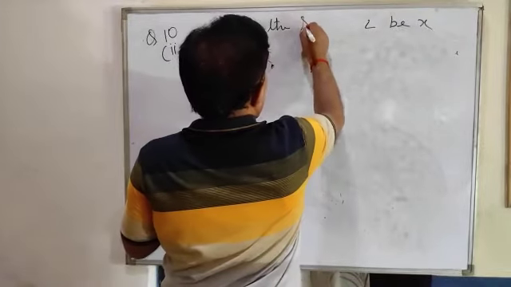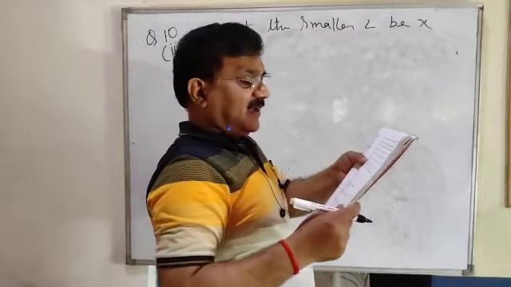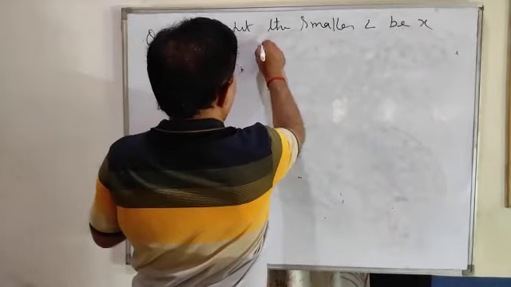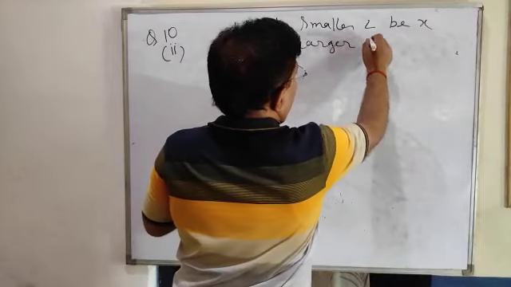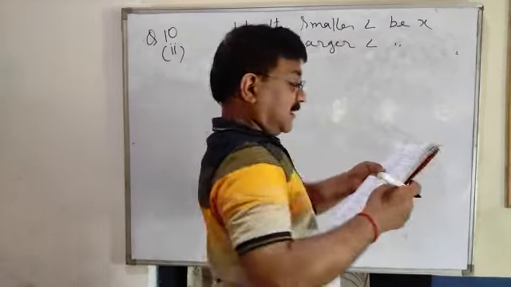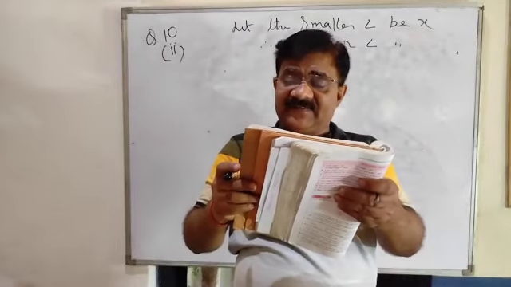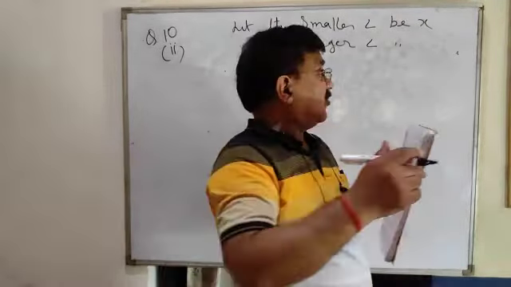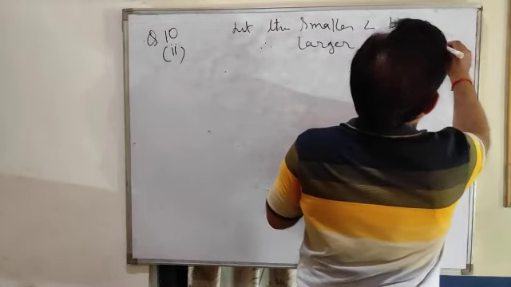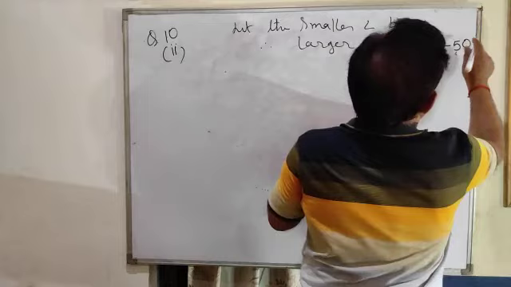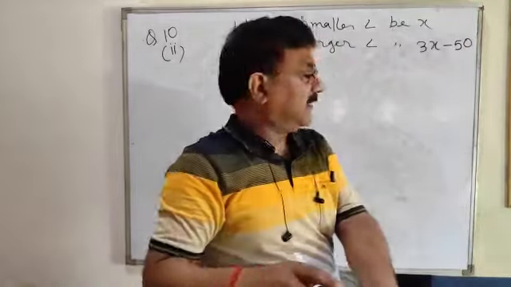It will be easy for you to calculate. Let the smaller angle be x, therefore the larger angle will be, try to understand, 50 degrees less than 3 times the smaller one. 3 times the smaller one and 50 degrees less, and their sum must be 90 degrees.